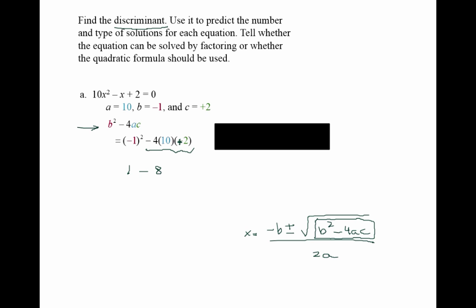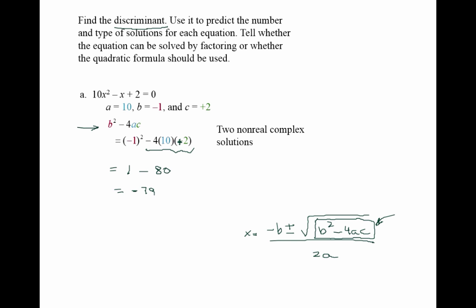You notice that the discriminant would be negative 79. So when the number under the radical is negative, we conclude that we get two non-real or complex numbers. This is where we have i's appearing in our solution.